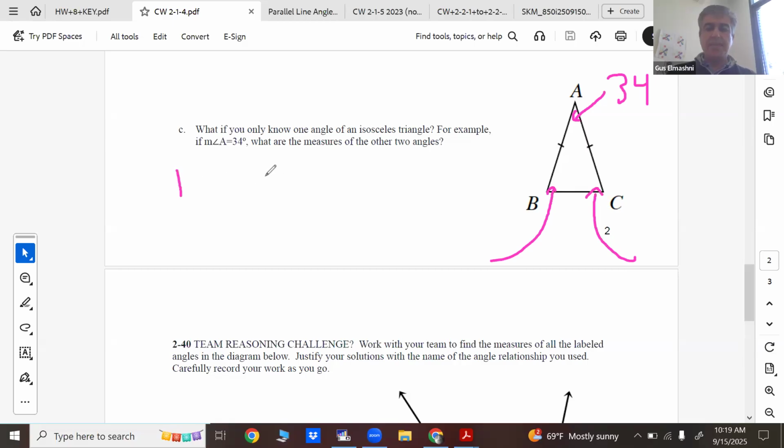And it's isosceles again. So guess what? These are gonna be x and x, right? Does that equation make sense? And if you work it out, you should get 146.